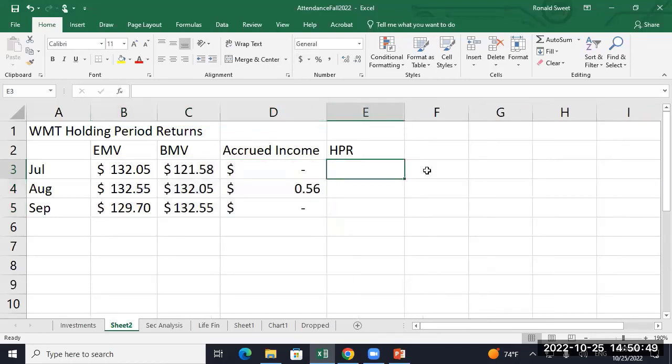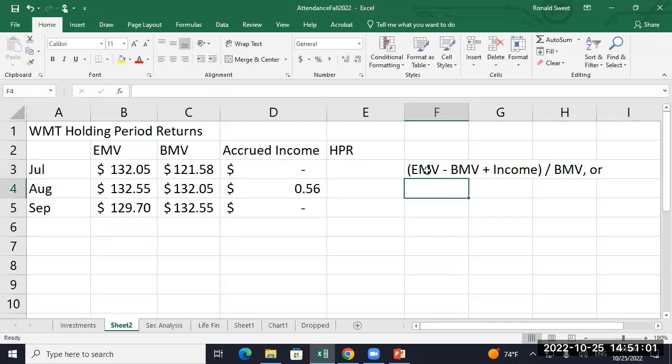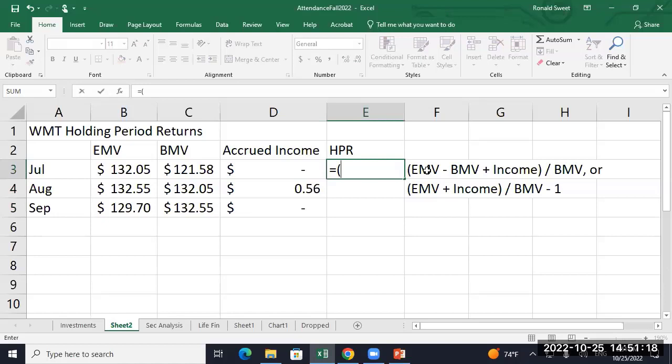And so the holding period return is going to be ending market value minus beginning market value plus income divided by beginning market value, or ending market value plus income divided by beginning market value minus 1. So equal ending minus beginning plus income divided by beginning.